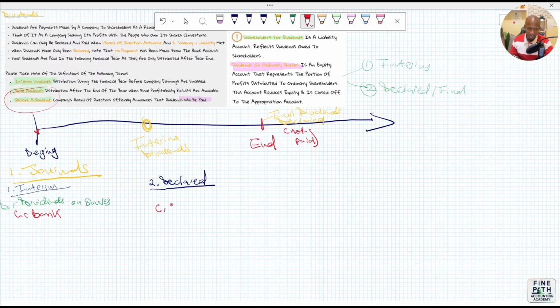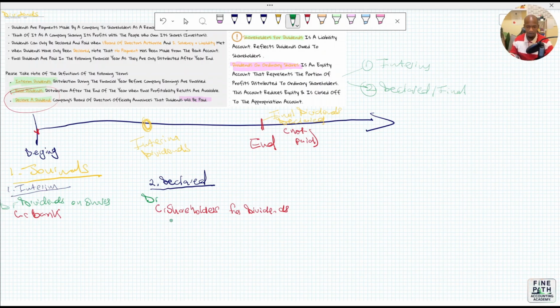We'll go on our credit side and then right there, shareholders for dividends. This is a liability account that shows how much we owe our shareholders in relation to dividends. Not anything else, but in relation to dividends, right? And then on our debit side, we ask ourselves: what happened, and for what purpose?